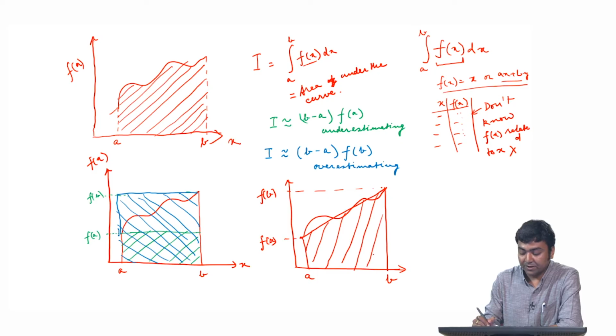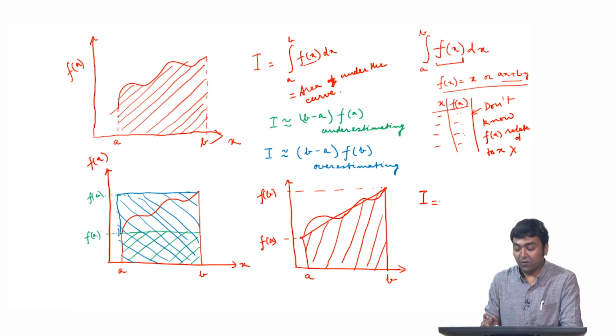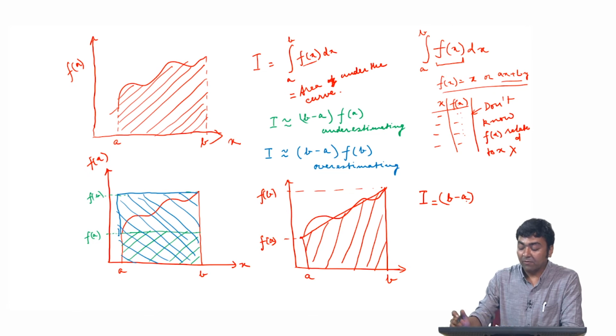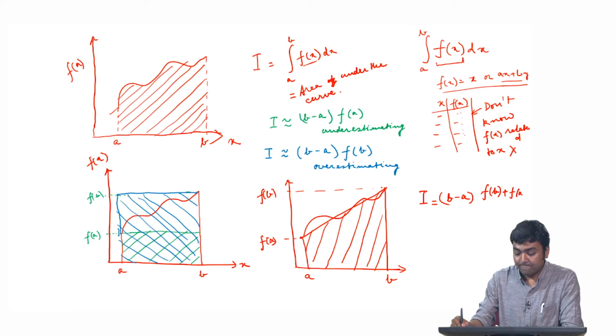In this circumstance, the integral will be given by the area of this trapezoid formed by these 4 points, A, f(a), f(b) and B. This will be (b minus a), the height of the trapezoid, times half the sum of the parallel sides, that is (f(b) plus f(a)) by 2.